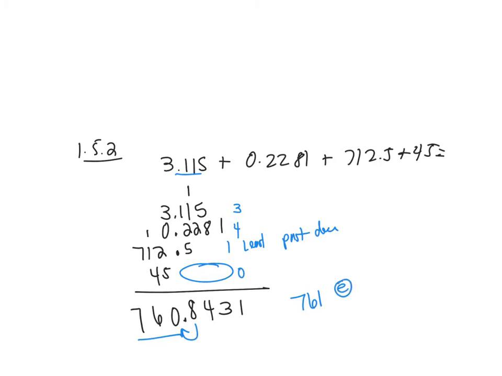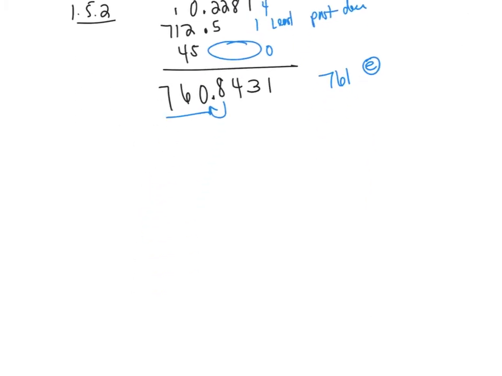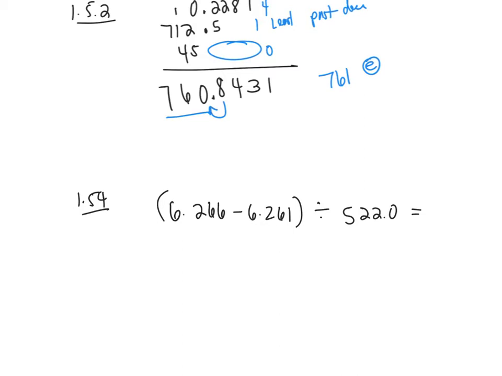Now if this is multiplication and division, like you have in problem 1.54, 6.266 minus 6.261, and then you divide that by 522.0, well, you do your please excuse my dear Aunt Sally.